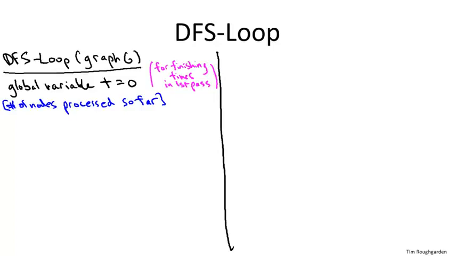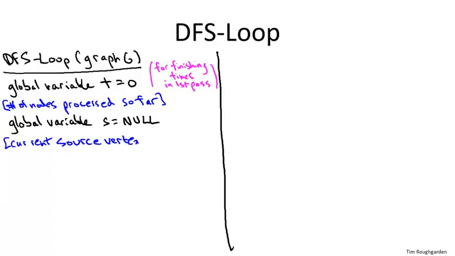So this is the variable we use to compute those finishing times in the first pass, that magical ordering that I was talking about. Now we're also going to have a second global variable to compute these things I was calling leaders, and these are only relevant for the second pass. So what s is going to keep track of is the most recent vertex from which a DFS was initiated. So to keep the code simple, I'm just going to do all of the bookkeeping in DFS loop.